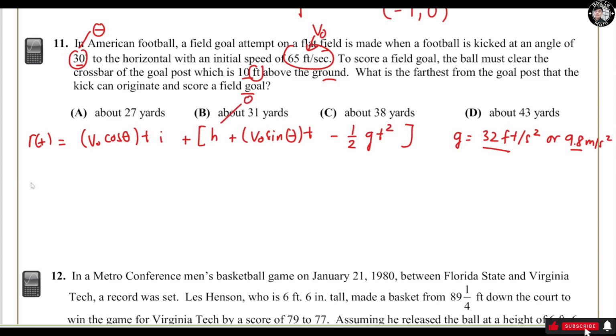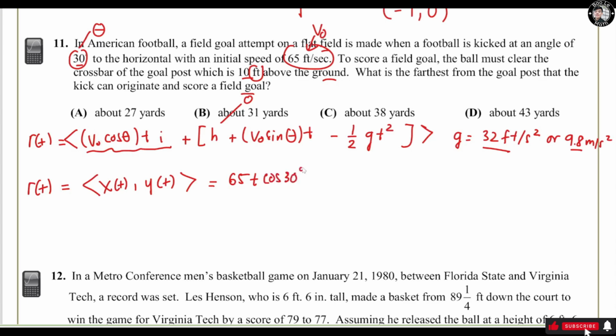So you have r of t equals x of t, comma, y of t, right? x of t is going to be this guy right here, right? So it's going to be v0 is going to be 65, so you have 65 times t, and cosine 30 degrees, right?